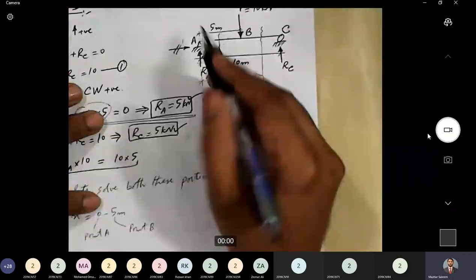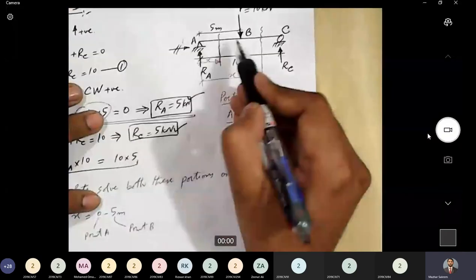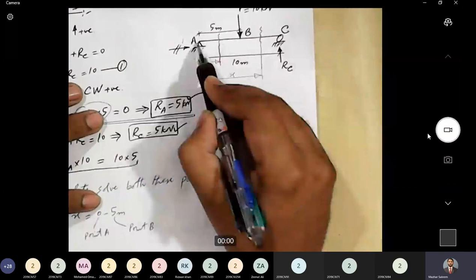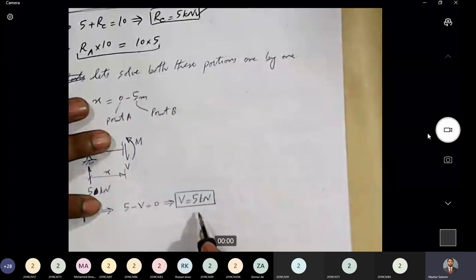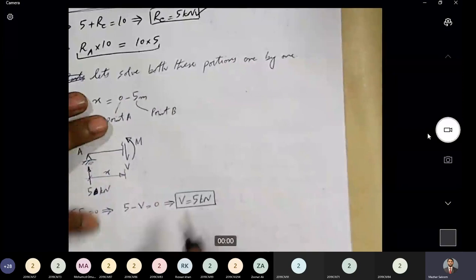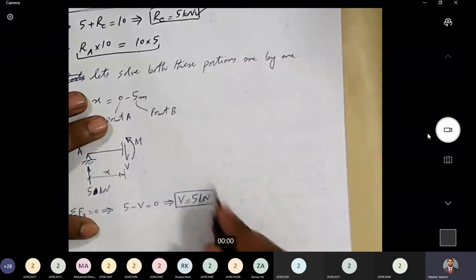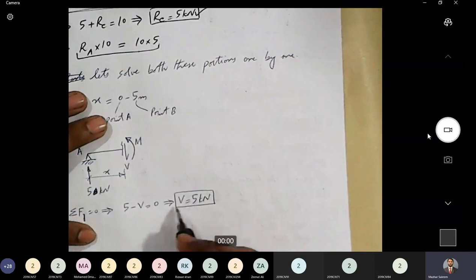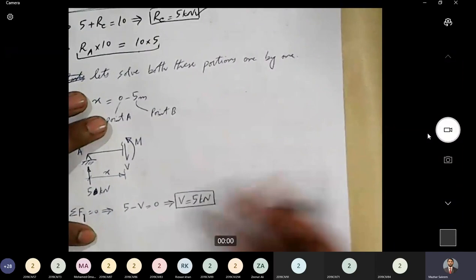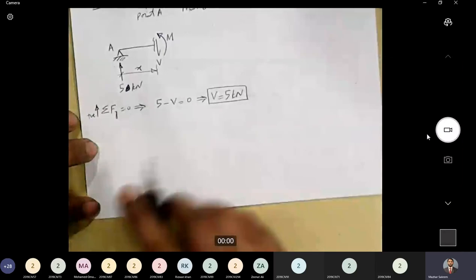If I show this diagram, point A is here, point B is here. At both the points, the shear force value will be 5 kilonewton. How can I say that? Because in the final expression for shear force, I am not getting any x. There is no x involved. Shear force is constant. In some of the cases, it will not be constant. We will see that later on. But the shear force is 5 kilonewton here.